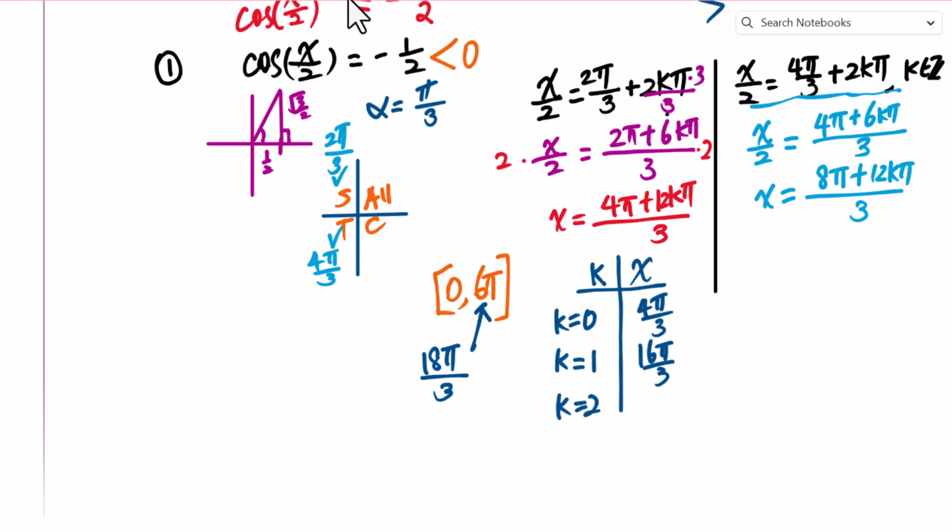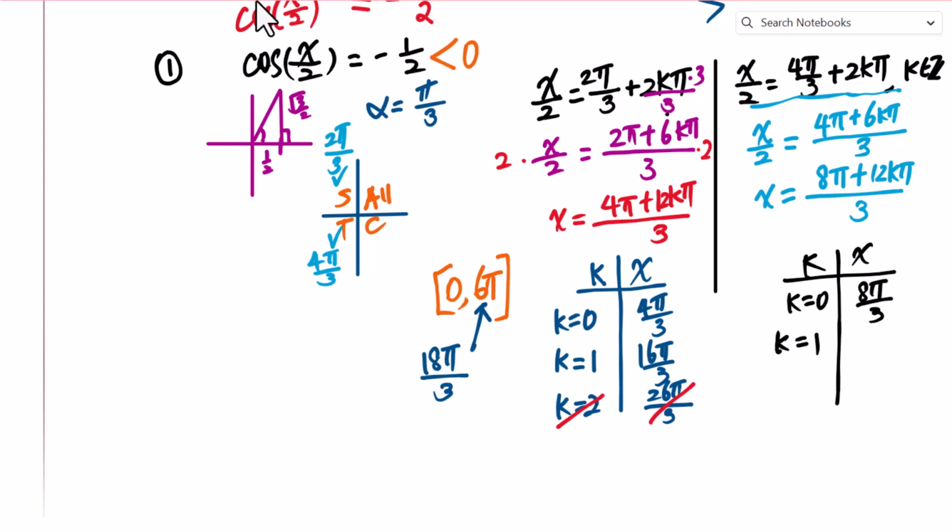K equals 2 is out of domain, so cross out. For this solution, k equals 0, we got 8 pi over 3. K equals 1, we got 20 pi over 3, which is out of domain. So we found 3 solutions to this equation.